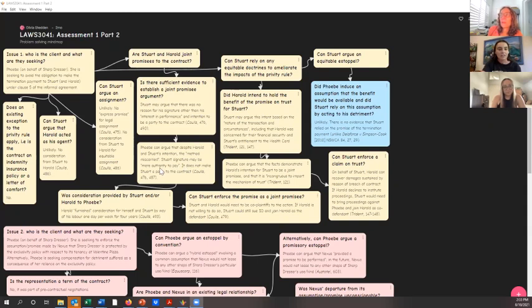Those sub-issues make up the bold questions in each of these boxes. For privity especially, I thought about what the different avenues are that might be argued and what the elements of each of those are. For example, joint primacy involves things like, is there even evidence? And then things like consideration as well.